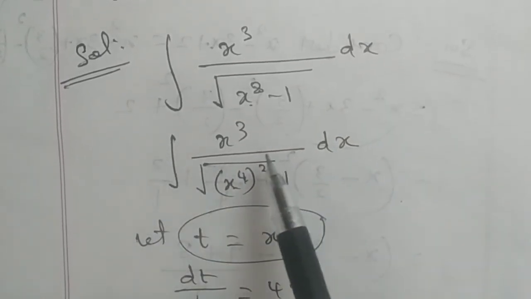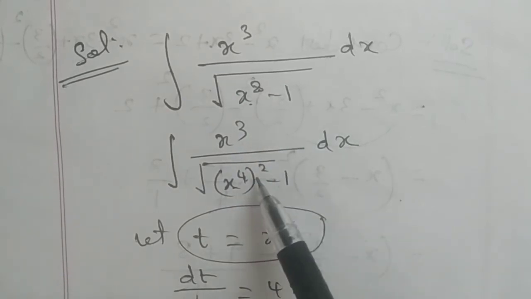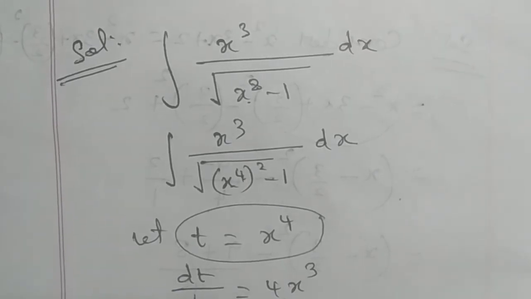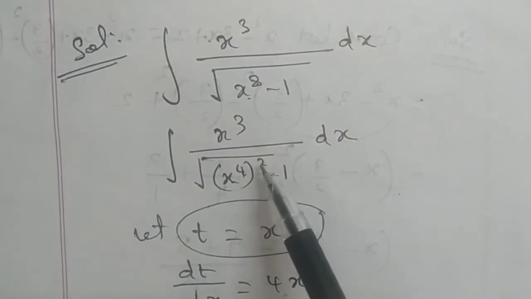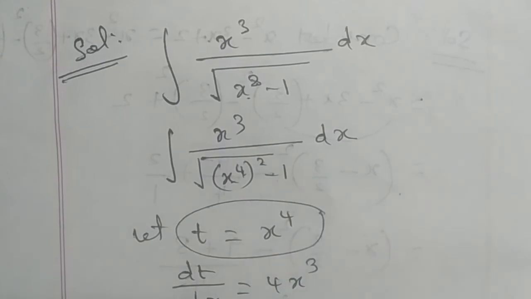This x to the power 8 can be written as (x to the power 4) whole to the power 2, 4 2s are 8. So minus 1.